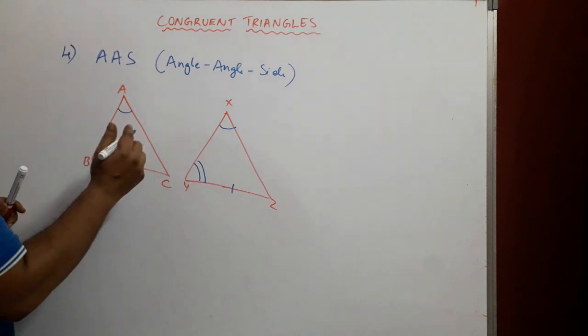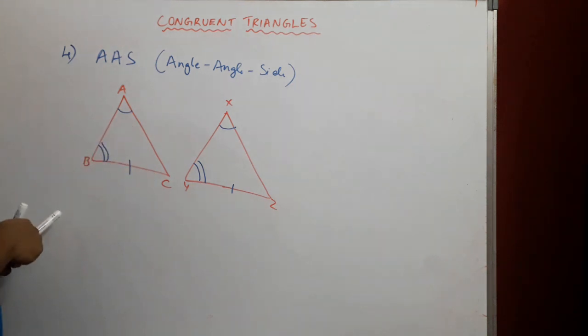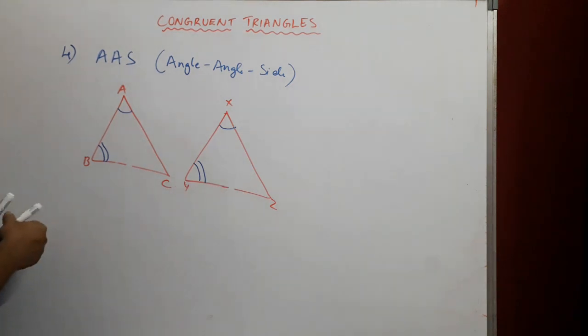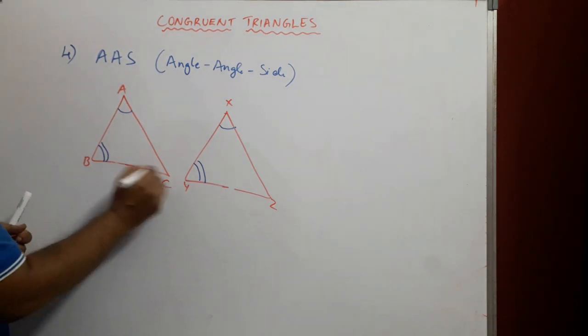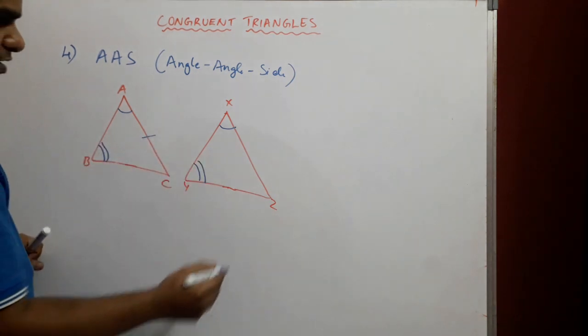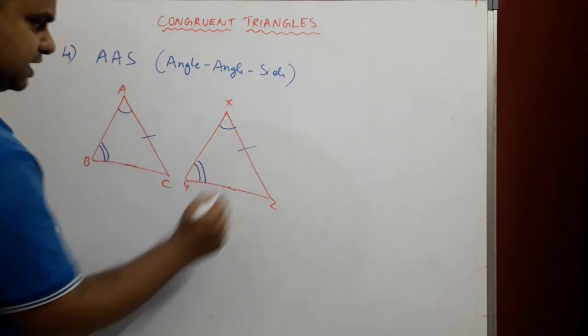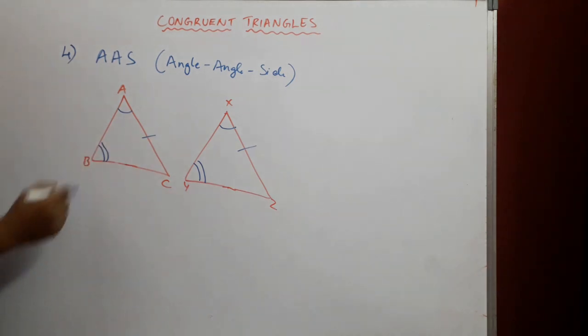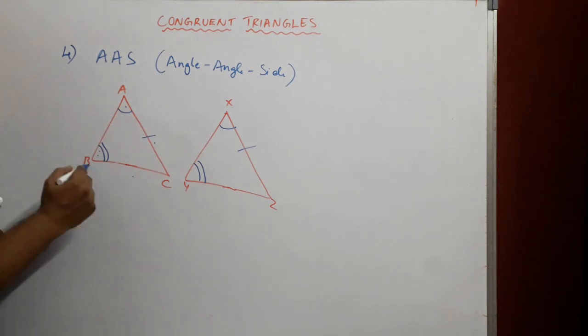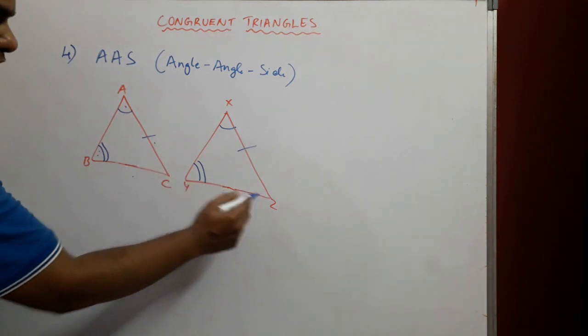The other possibility is that apart from BC equal to YZ, we can also have AC equal to XZ. In both cases, we will have AAS.